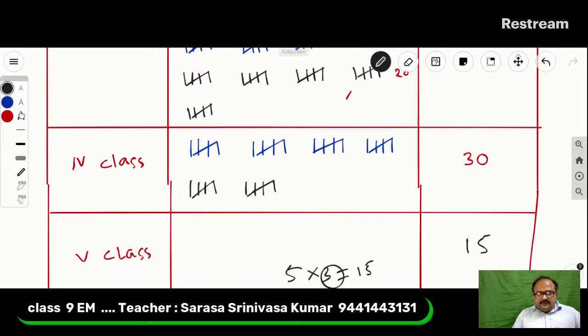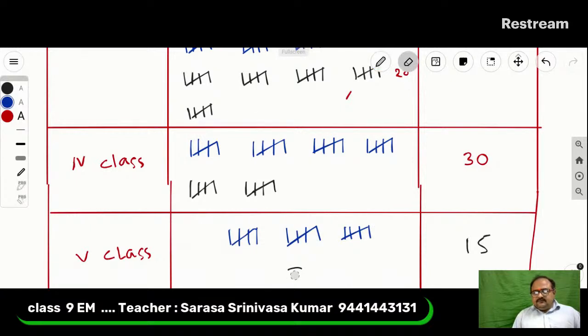We write here 1, 2, 3, 4, 5. Up to here 10. 1, 2, 3, 4, 5. So we have written 15. The table is completed now.